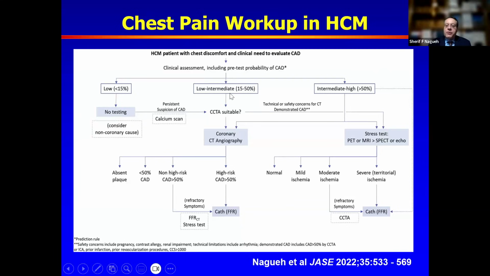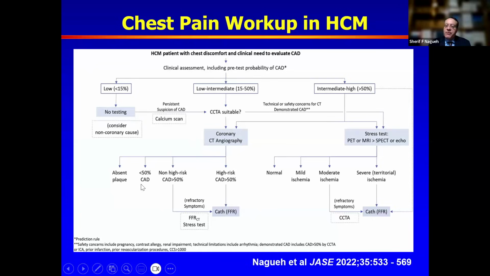On the other hand, if you have someone with an intermediate probability between 15 and 50%, we can start with coronary CT angiography if this is suitable for the patient, suitable in terms of renal function, doesn't have something in the way of looking clearly at the coronary arteries, and can take beta blockers for slowing the heart rate. Based on the coronary CT findings, if there is no plaque, that ends the evaluation.